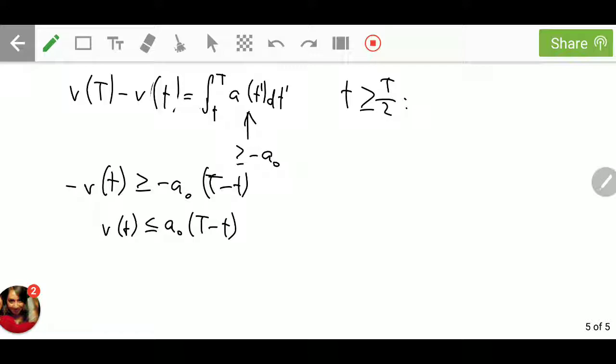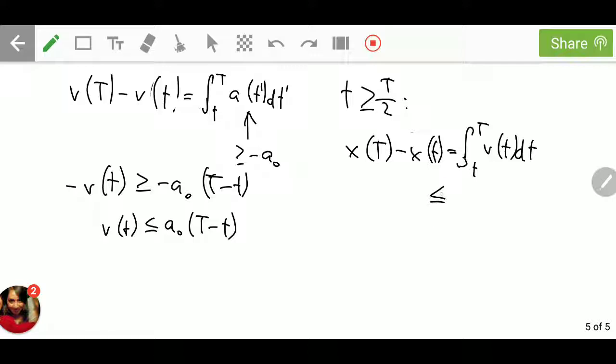And now x of capital T minus x of little t is equal to the integral from little t to big T of v of t dt.